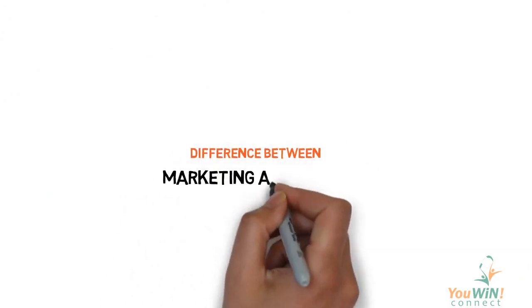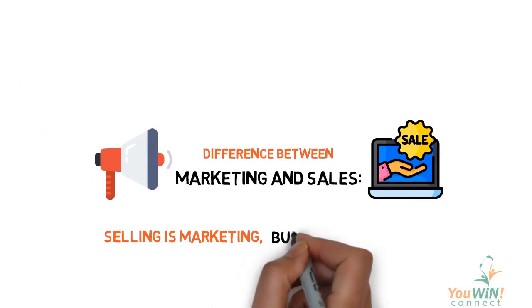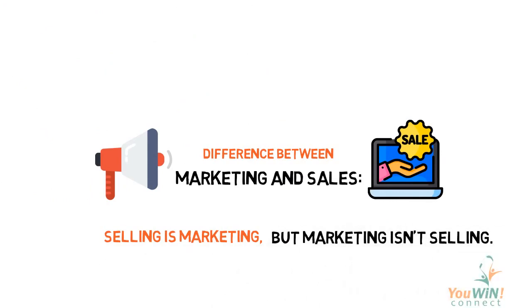Now, it becomes more important that we discuss the difference between marketing and sales. Selling is marketing, but marketing is not selling. And what this means basically is that as you are selling your product, you are marketing, which means as customers are exchanging the products or services which you have for monetary value, they are receiving your product, which means that you have achieved a marketing objective of getting the right product to the right customer.